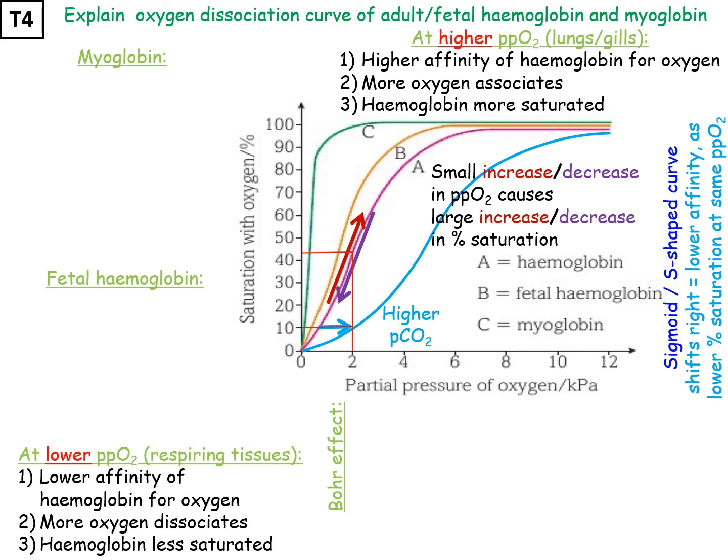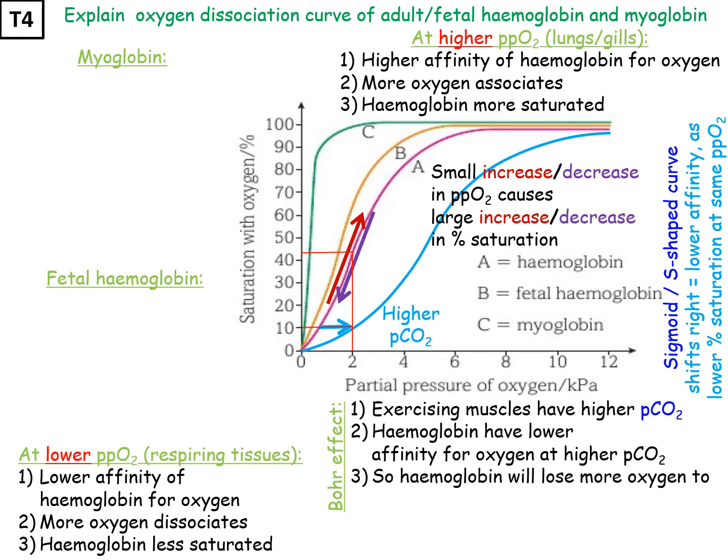because it happens when there is a higher partial pressure of carbon dioxide. So the affinity of hemoglobin for oxygen at higher partial pressure of carbon dioxide is much lower. In an area that has a higher carbon dioxide concentration, the oxygen doesn't want to associate itself with hemoglobin. A good example of that area would be exercising muscles, because they have a higher partial pressure of carbon dioxide.